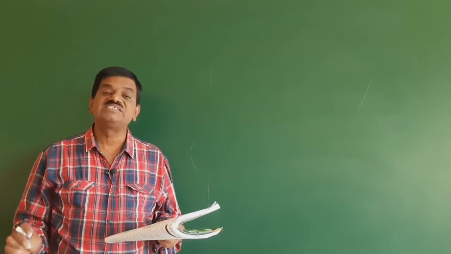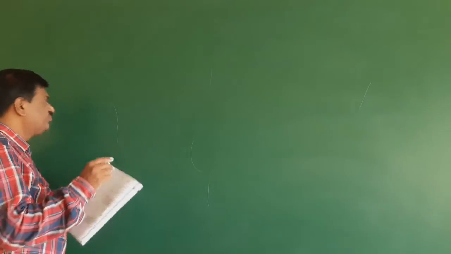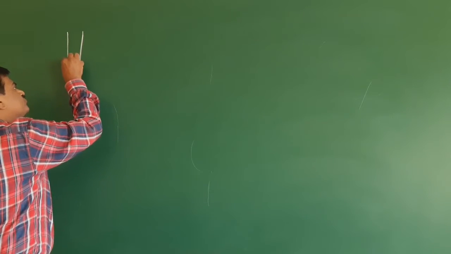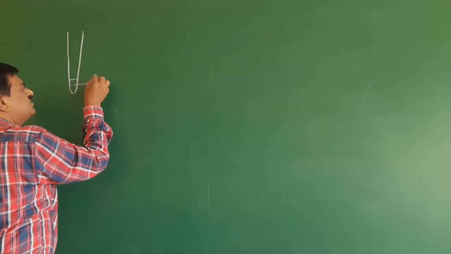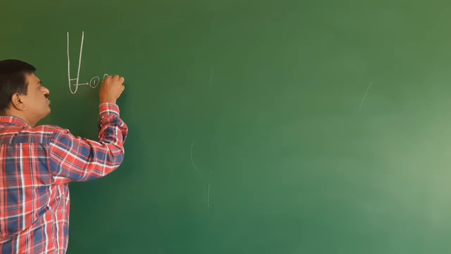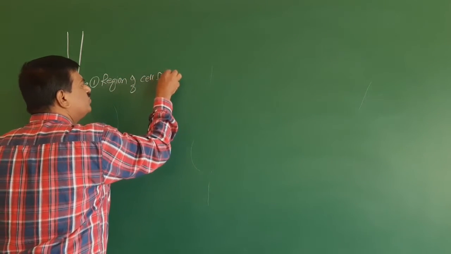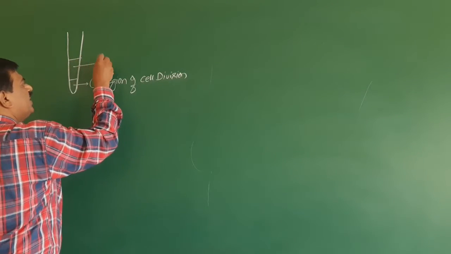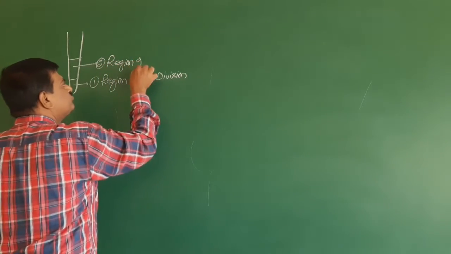Growth is maximum in zone of. So when we take a root, the root has the presence of three zones, three layers. The first one is the zone of cell division, the region of cell division. The second one is the zone or region of elongation.